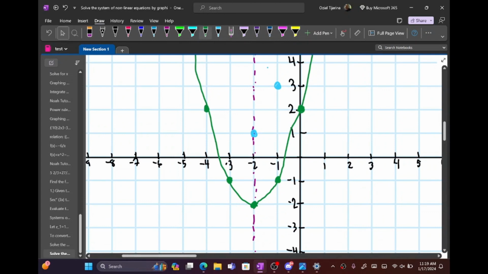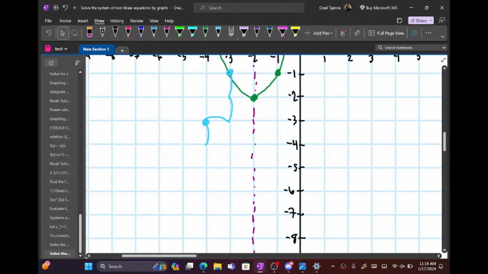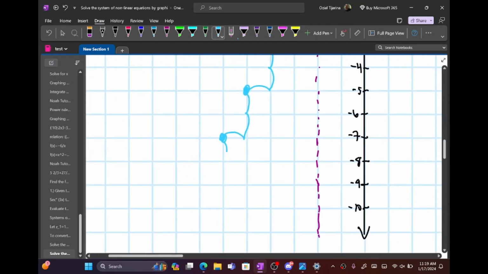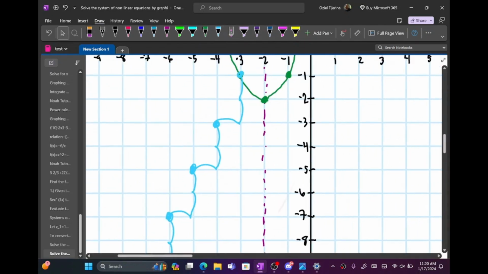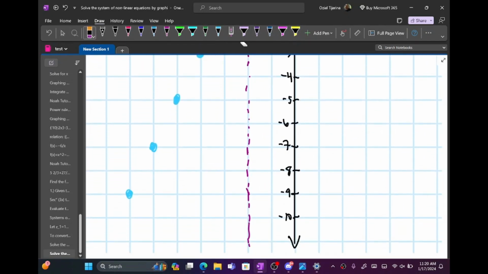And then again, you're going to do it again, going up 2 and right 1, repeating until I believe we reached the end of that. Give me a second.